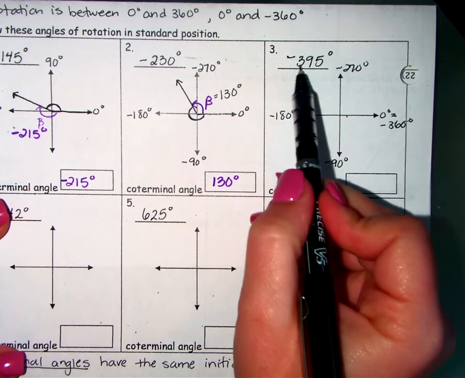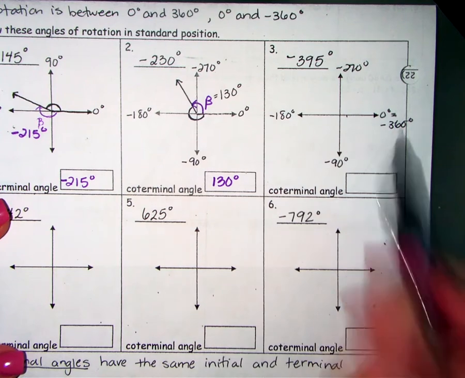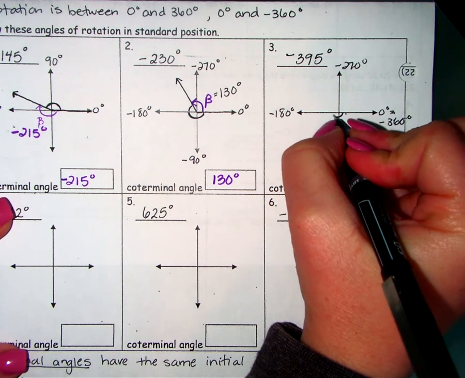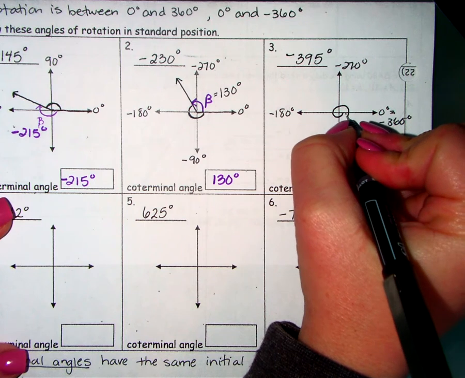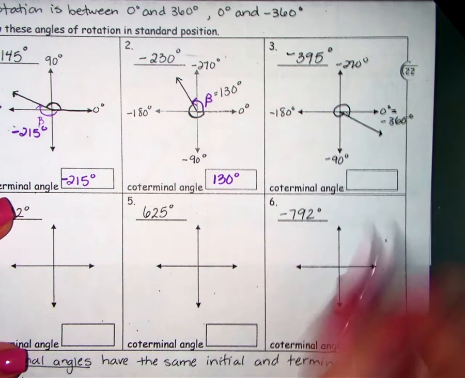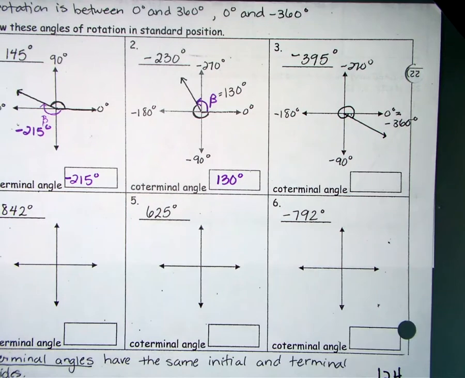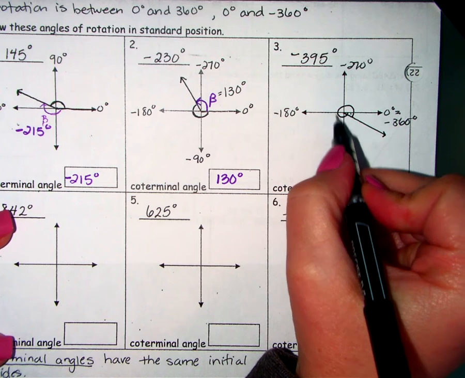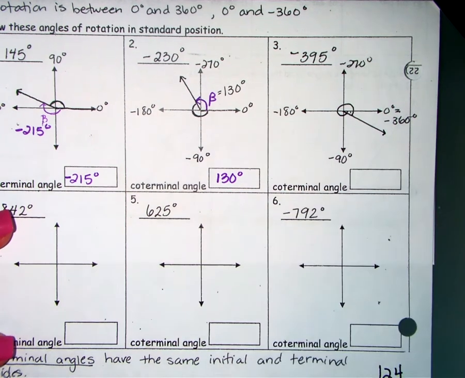The difference between 395 and 360 is 35 degrees. So I went around and then a little bit farther, and that would be my terminal angle right here. This would be my angle in standard form, where I've moved around in a negative direction 360 and then a little bit extra.